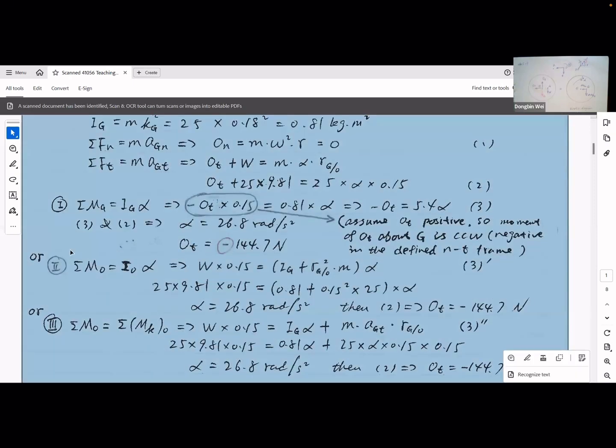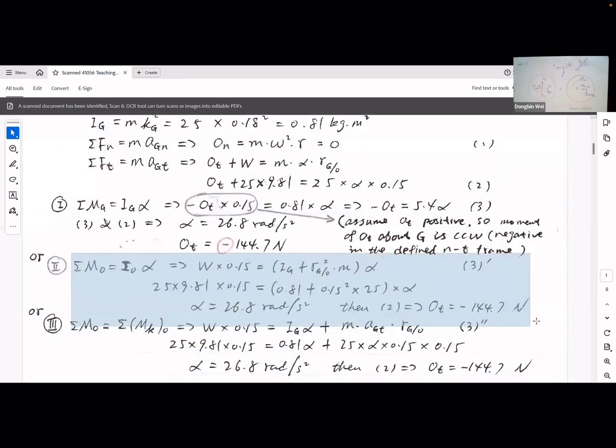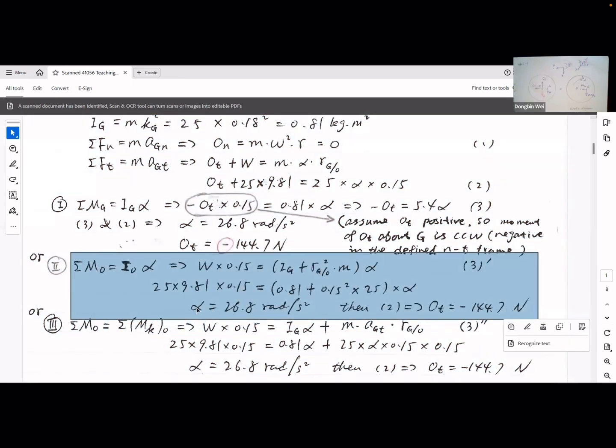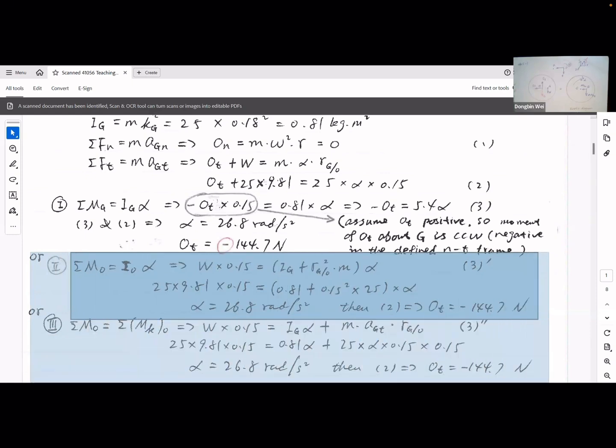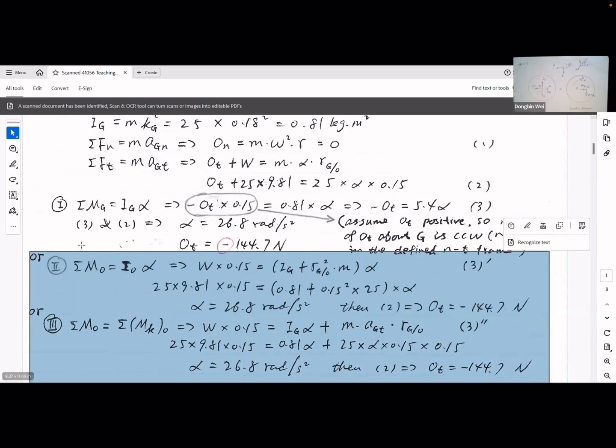Have a look. In this one here, you can see we still got alpha 26.8, positive, and OT negative 144.7 Newton. So, I'm not going to give a detailed explanation on this calculation using O for the rotational component.